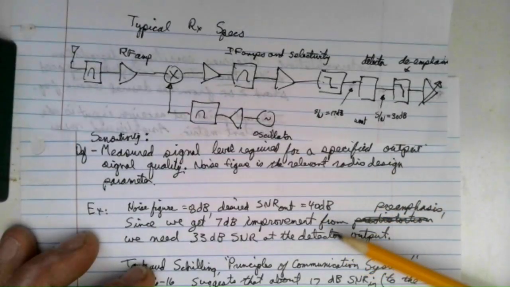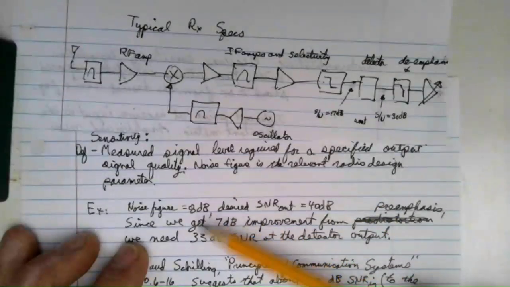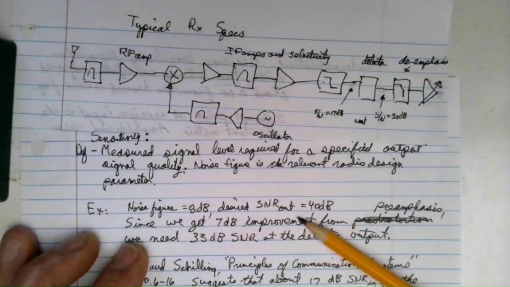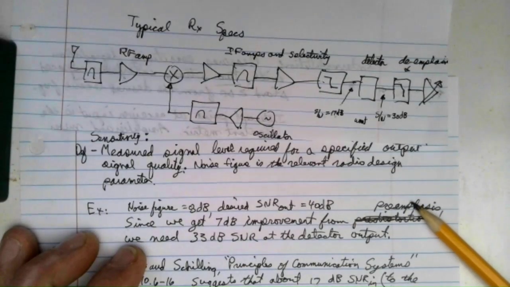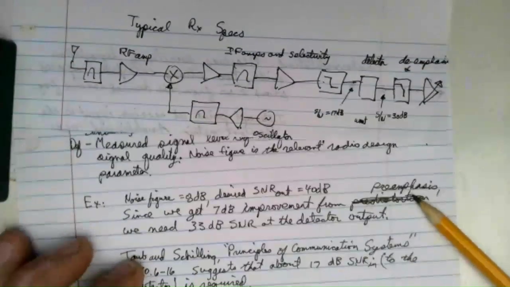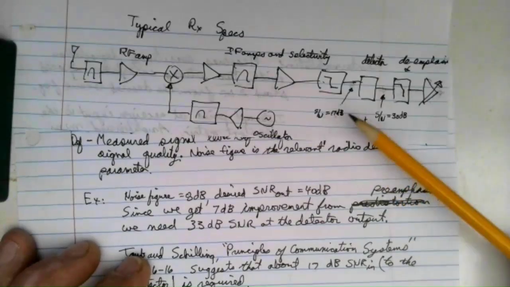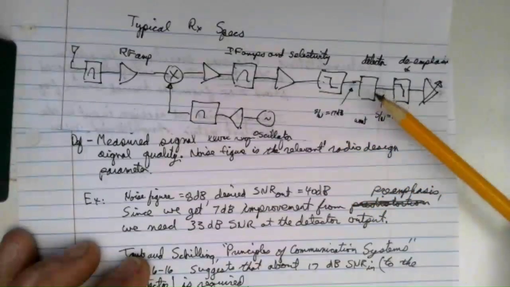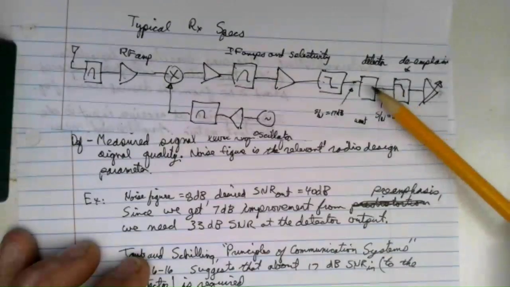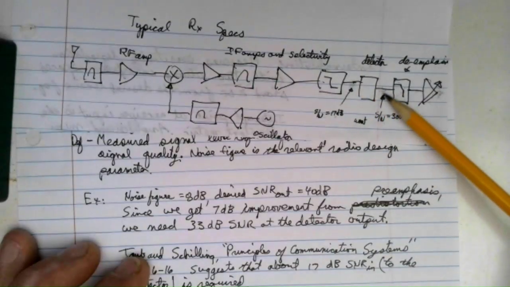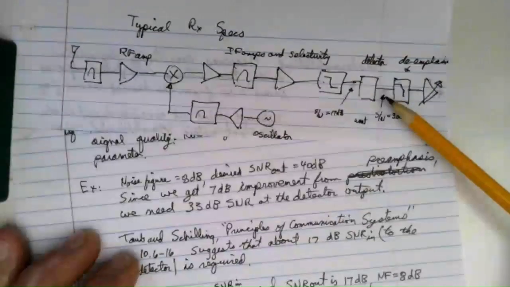Now, we know that we're going to get 7 dB improvement from our preemphasis, not predistortion, preemphasis and de-emphasis, of course, together. So we really need 33 dB SNR at the detector output here, effectively. What do we have to put into the detector to get 33 dB SNR out? And that would be the question.